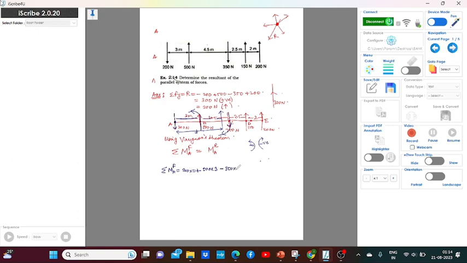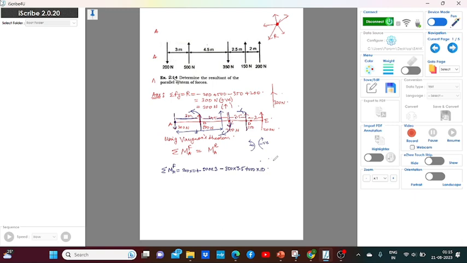So 350 into 7.5. Okay. Then this force 150 is going in the anti-clockwise direction, so it is positive, 150 into 10, because 3 plus 4.5 plus 2.5 is nothing but 10.